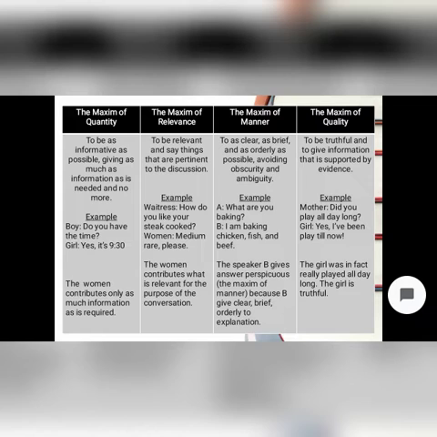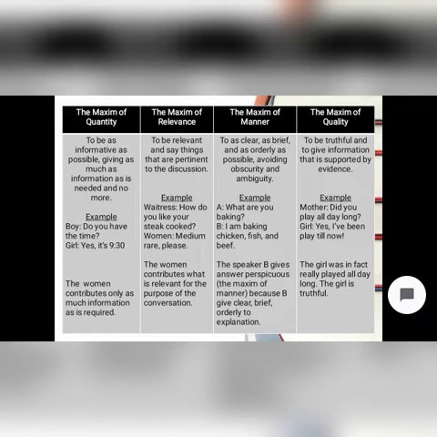So, for example, boy, do you have the time? The girl answered, yes, it's 9:30. So here we can see the girl contributes only as much information as is required.